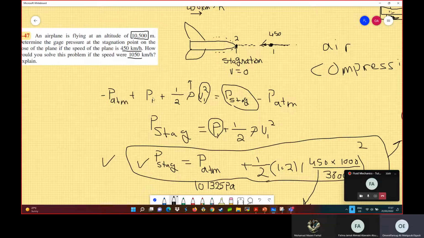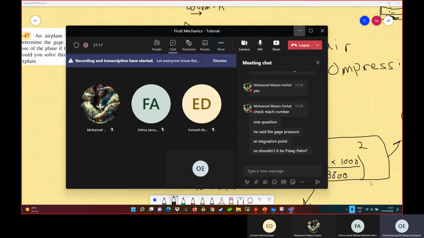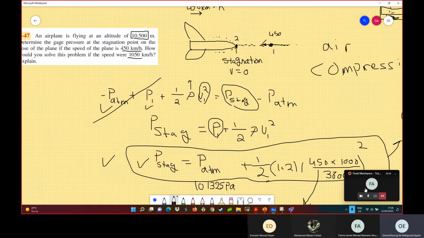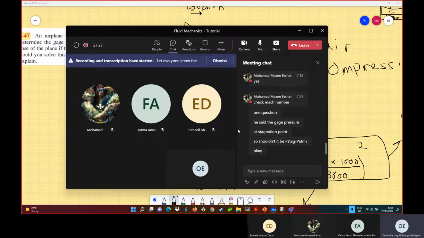Then you have plus P1, and P1 is equal to the atmospheric, so you just cancel this one. P stagnation minus P atm. Okay.